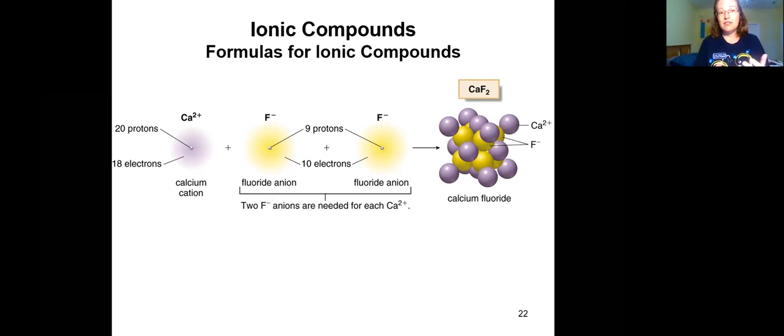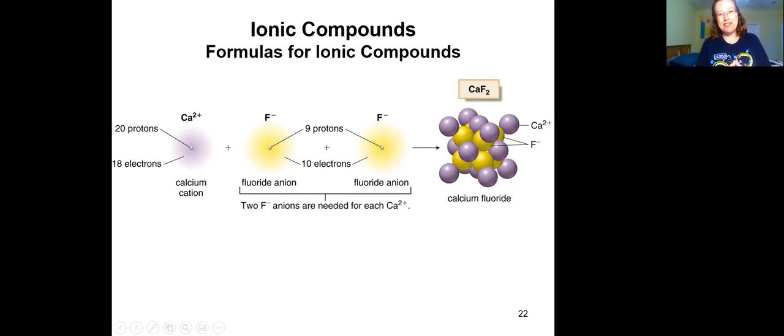But the calcium is sitting there with a +2 charge. I can't make an ionic compound that has an overall positive or negative charge. So if he's only going to come into contact with fluorine atoms, he better find 2 to interact with. Those 2 fluorine atoms will take electrons away from the calcium.